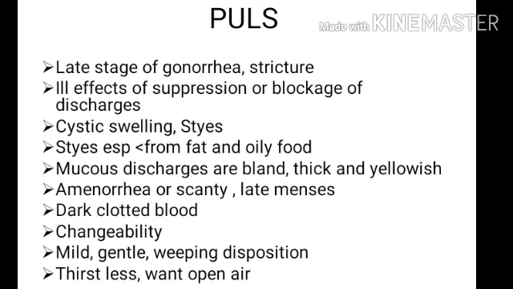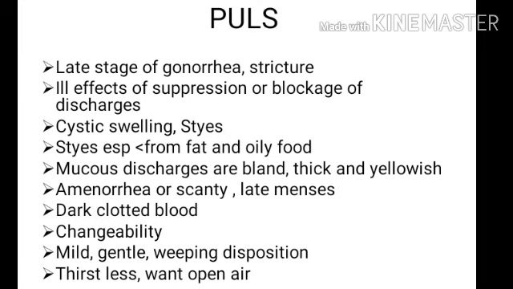Regarding the menstrual symptoms, it is mainly indicated in amenorrhea, or when menses is scanty or late. Dark clotted blood is another feature of pulsatilla. Changeability is another main feature of pulsatilla. We can see the changeability in all conditions, and mentally we know that pulsatilla is mild, gentle with a weeping disposition.